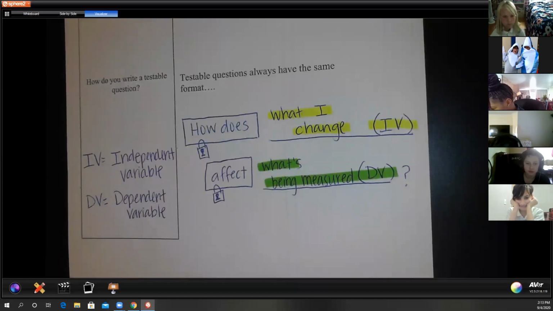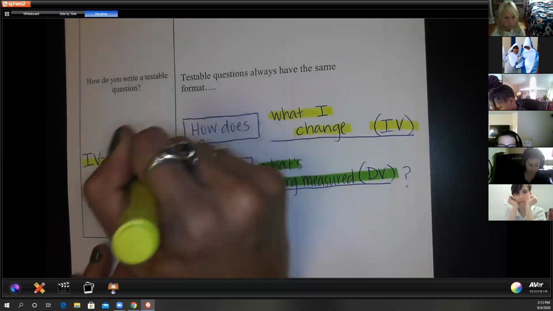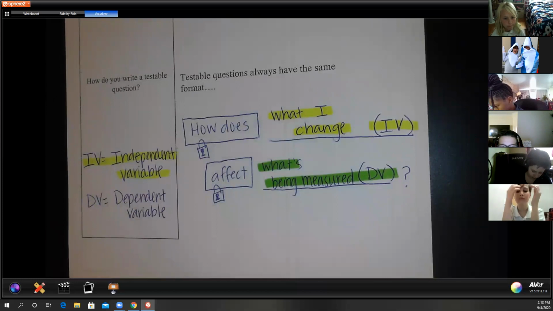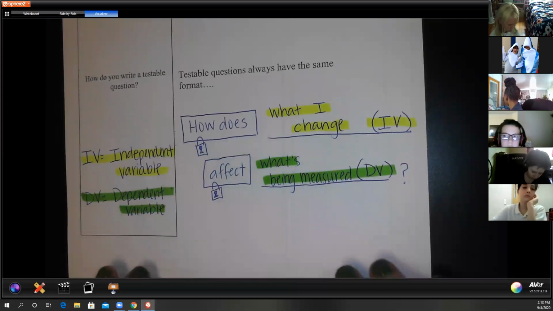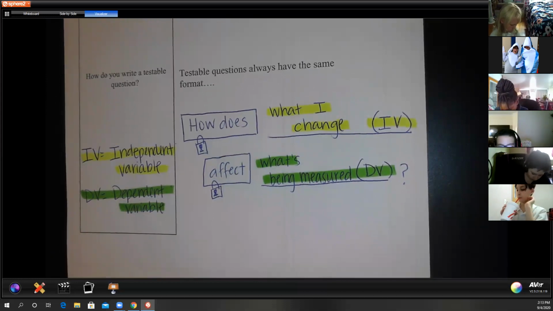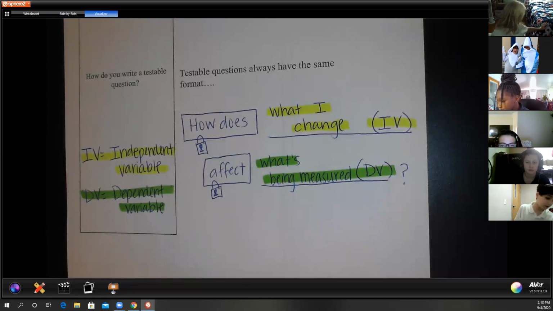So I've got my independent variable and my dependent variable. How does what I'm changing on purpose affect what I'm measuring? Let's stay focused. It's kind of like, how does the cause affect the effect? How does the cause, what I change, affect the effect?